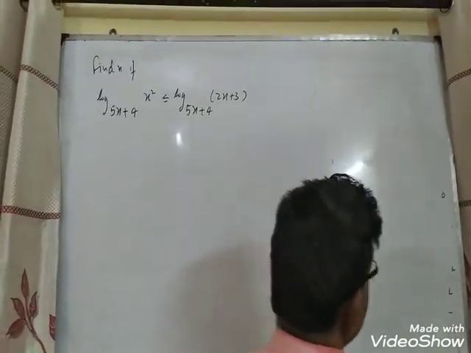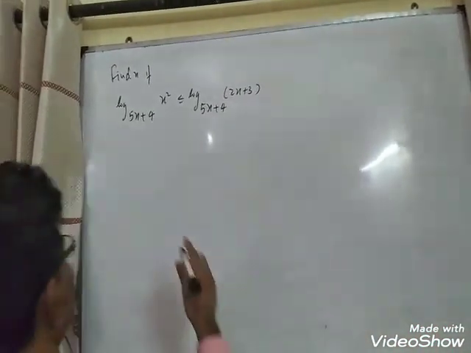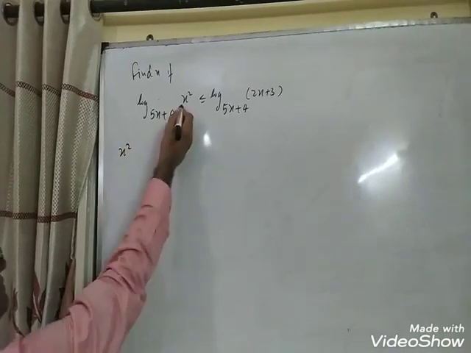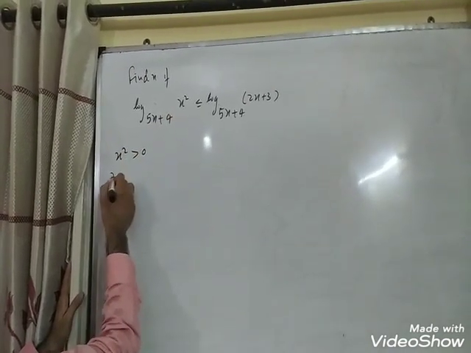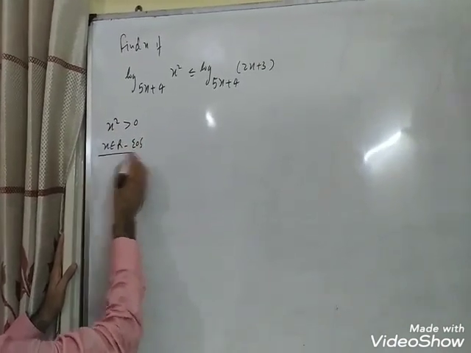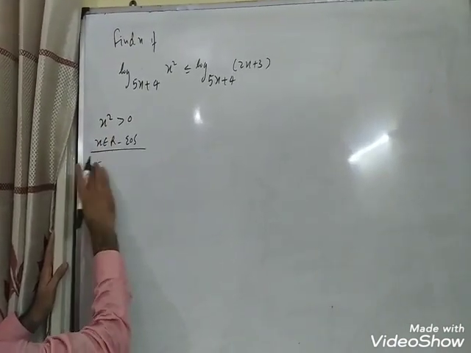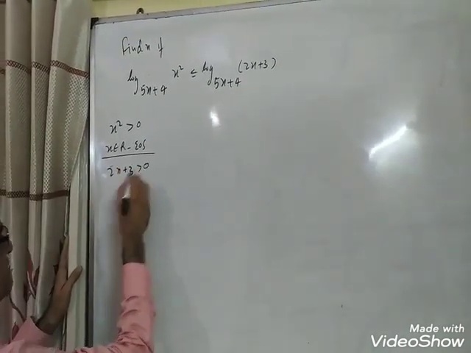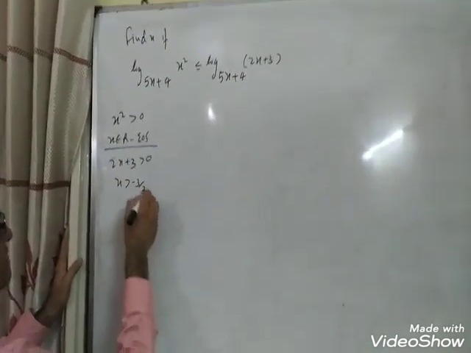Before solving, we have to see the conditions under which the inequality is defined. First, x squared, the argument, must be greater than 0, so x can take all real values except 0. Second, 2x plus 3 should be greater than 0, so x should be greater than minus 3 by 2.